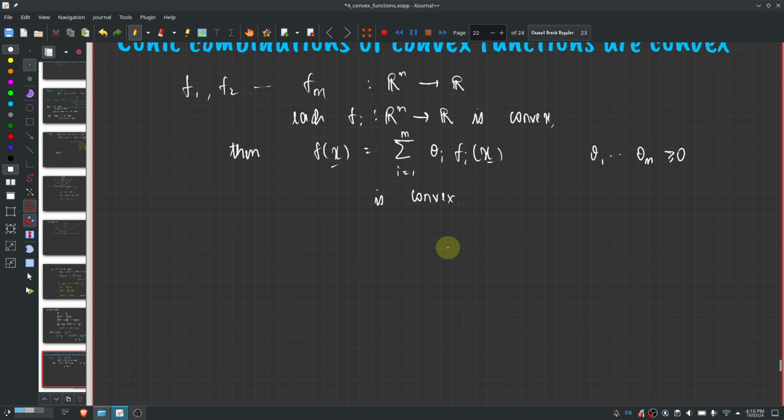So that is fairly straightforward to see, but this has pretty interesting applications. For example, we know that the univariate function f of x equal to x squared is convex.